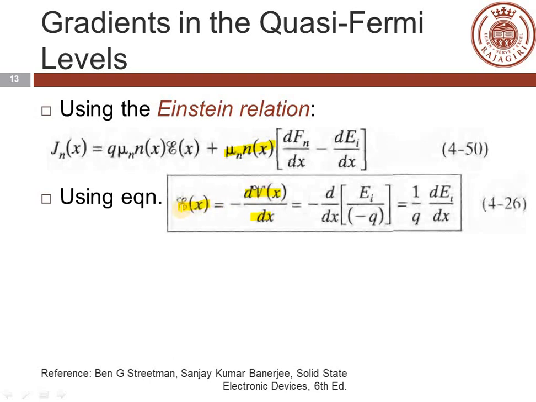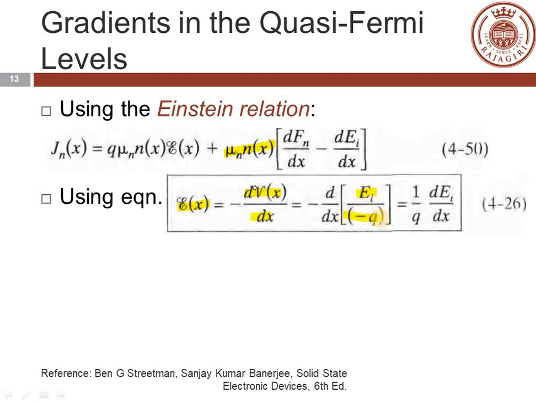Once again, electric field and potential are related by electric field equal to minus d by dx of V of x, where V of x is potential. Then potential and energy level are related by V of x equal to E by minus Q.